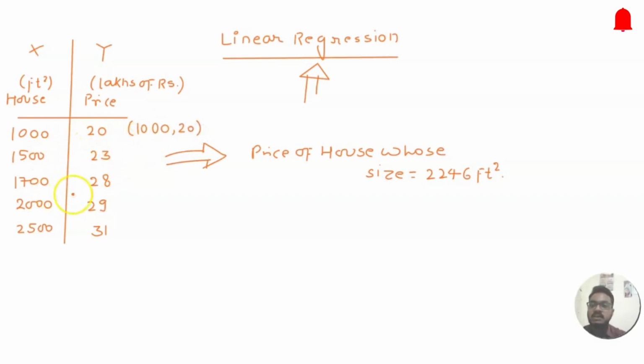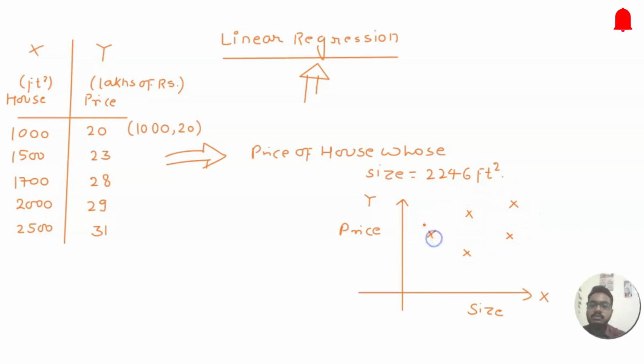Like this, every data point can be represented as a point in the XY plane. So if I plot them, this is the x-axis, which is nothing but the size of the house, and on the y-axis we have the corresponding price. Let us take these as our data points.